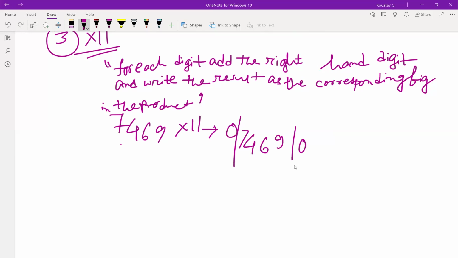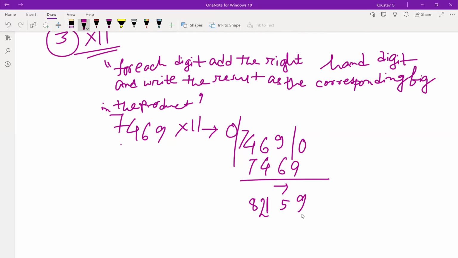Now what do you do? If we add in that way, 7, 4, 6, 9: 9 plus 0 is 9, 9 plus 6 is 15, write 5 carry 1, 6 plus 4 is 10, plus 1 is 11, write 1 carry 1, 4 plus 7 is 11, plus 1 is 12, write 2 carry 1, and 7 plus 1 is 8.